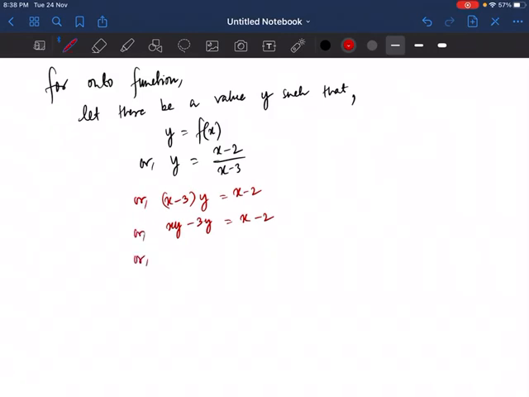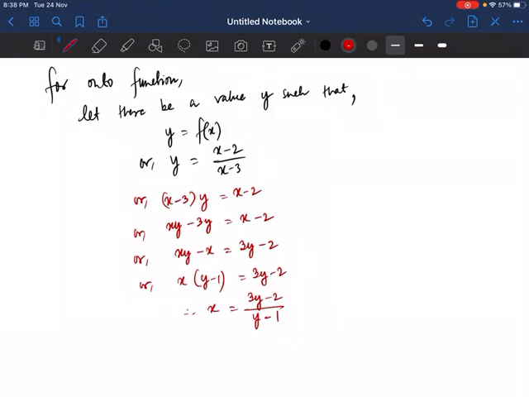So we have xy minus x is equal to 3y minus 2. So if I take x common, x(y minus 1) is equal to 3y minus 2. So therefore x is equal to (3y minus 2) divided by (y minus 1).